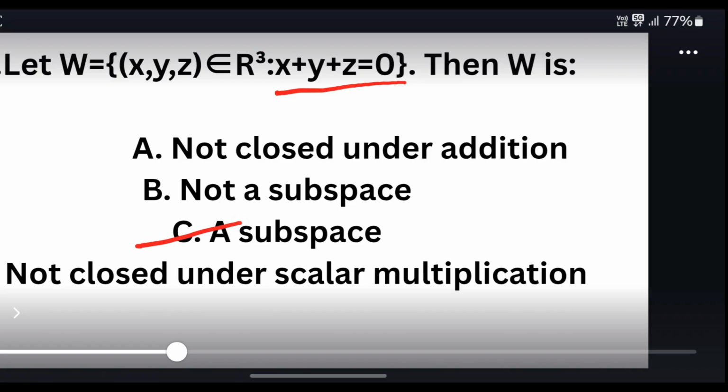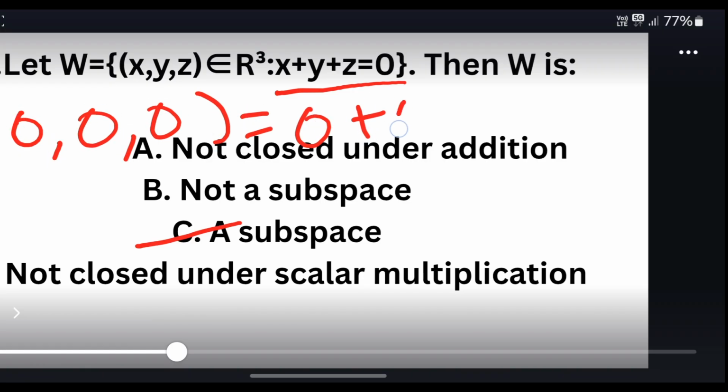Exactly, this satisfies the subspace conditions, because with the condition x plus y plus z equal to 0, the zero vector satisfies it. Suppose you consider (0, 0, 0), this satisfies 0 plus 0 plus 0 equal to 0. The zero vector is satisfied. What about closed under addition?